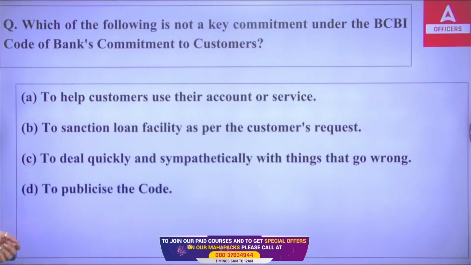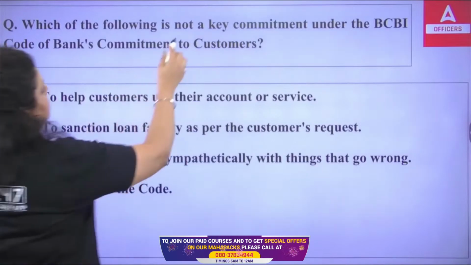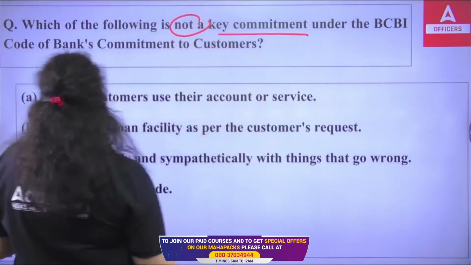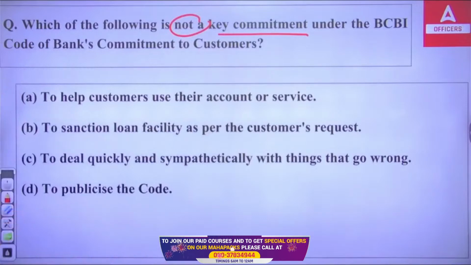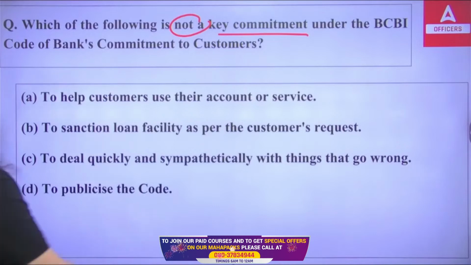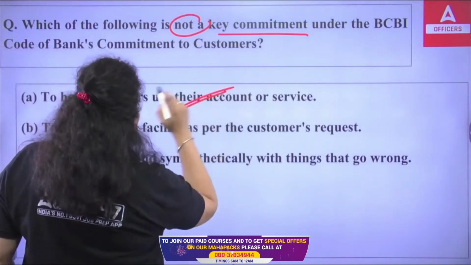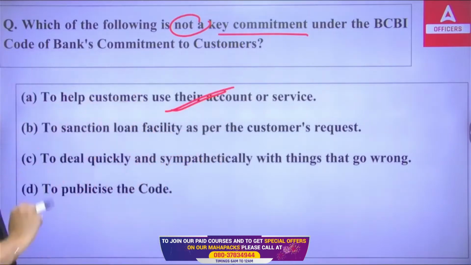So what do you think, which of the following is not a key commitment under the BCSBI Code of Banks' Commitment to Customers? To help customers use their account or service, this is a commitment that the bank has towards the customer.